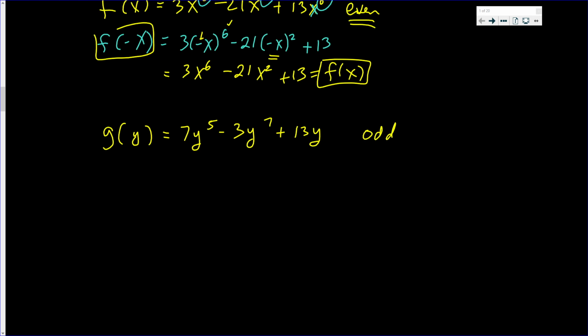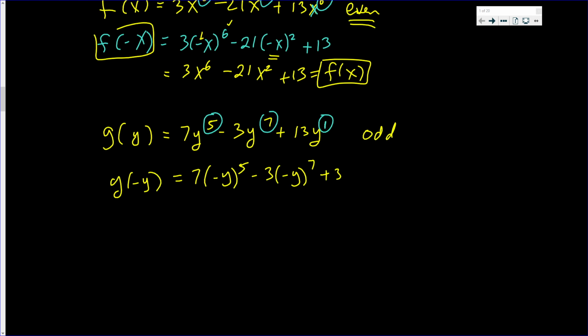First, recognize that y is the same as y to the 1. And it's an odd function because all the exponents are odd. And what happens with an odd function is if you replace y with negative y, you're going to be able to factor out a minus sign.